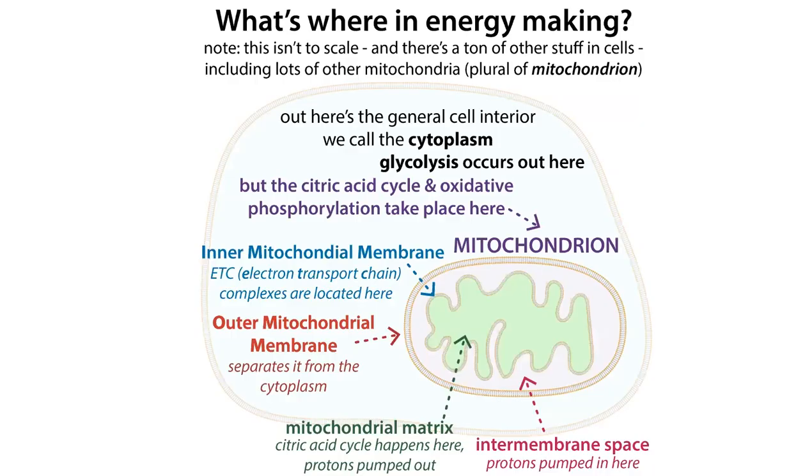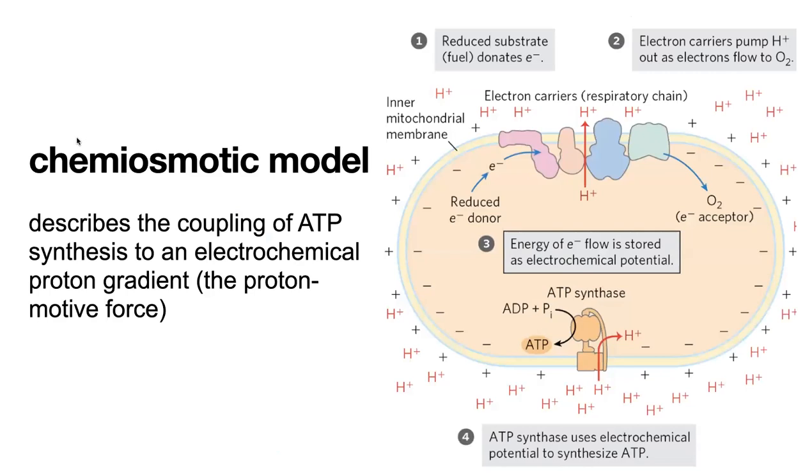Going back to our big story, though, let's talk about how we're going to use the mitochondria and that compartmentalization as a way to power the production of ATP. There's this chemiosmotic model. This describes the coupling of ATP synthesis to the electrochemical proton gradient. That's the gradient we were talking about before.